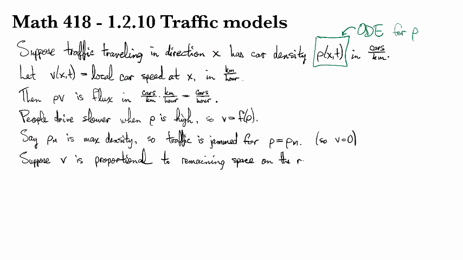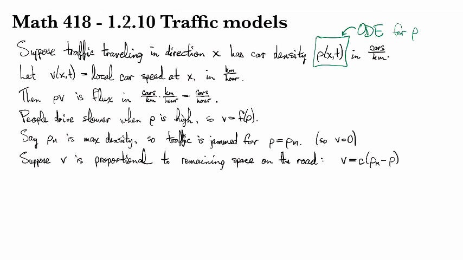So in other words, it is proportional to the difference between the current density and the maximum density. Well, then that means velocity is proportional to the difference between max density and current density, just like in the setup for the logistic population equation.